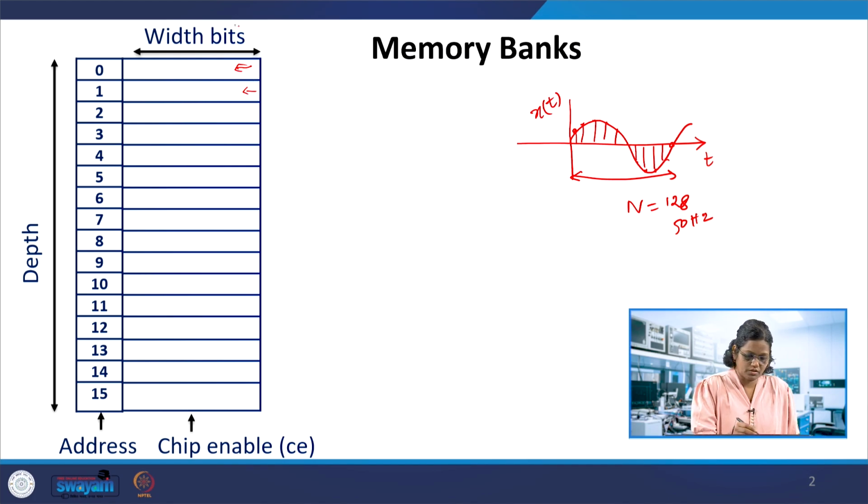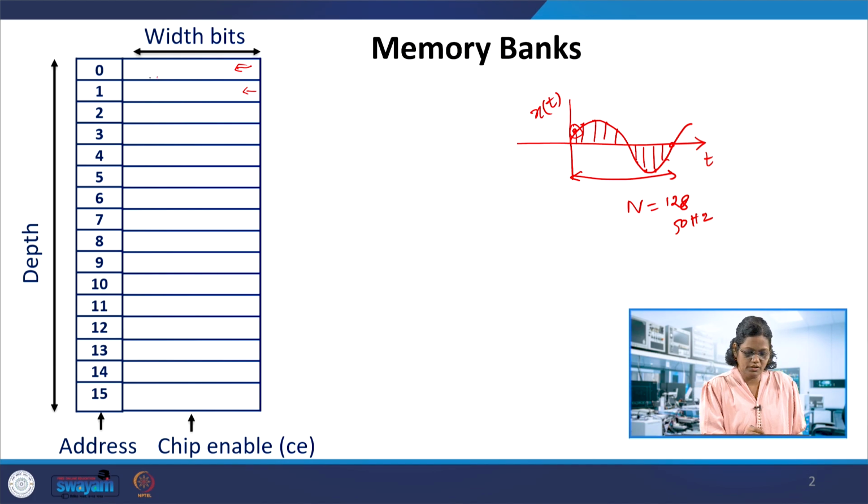The width of this sample depends on the amplitude of the signal. Suppose that is going to be 2 volts or 5 volts. How many bits are needed to accommodate this value?